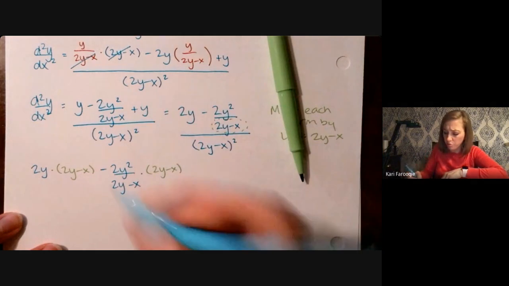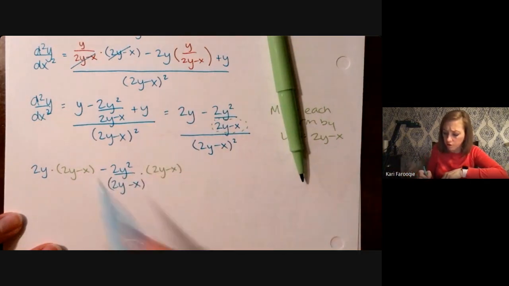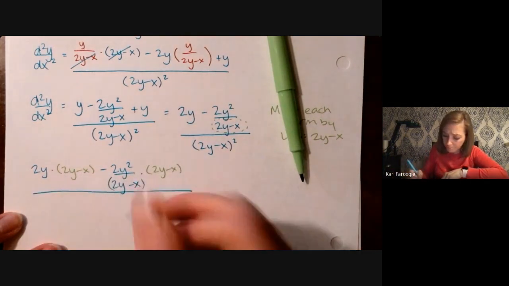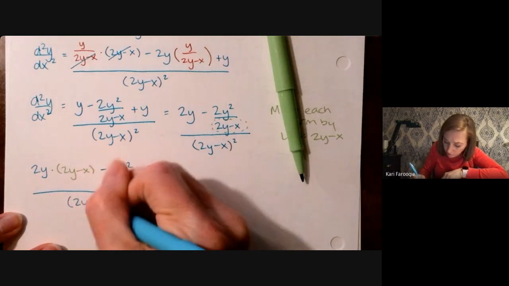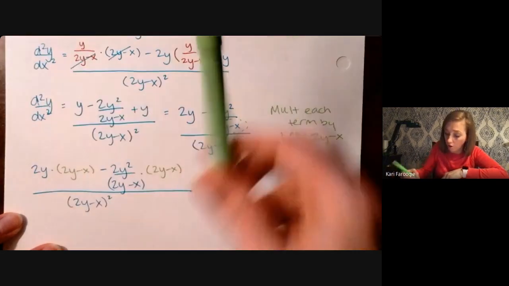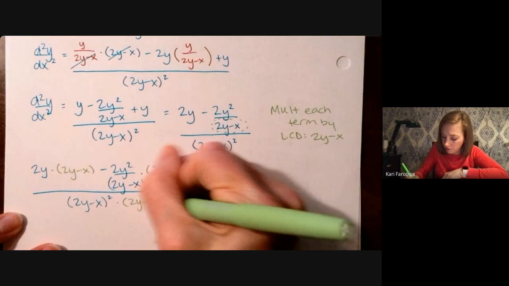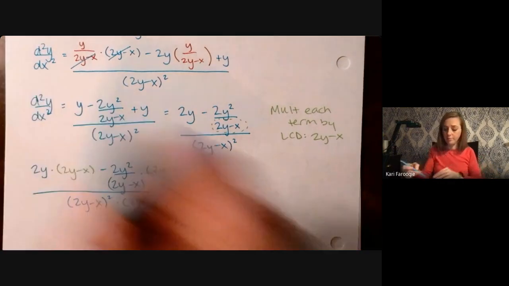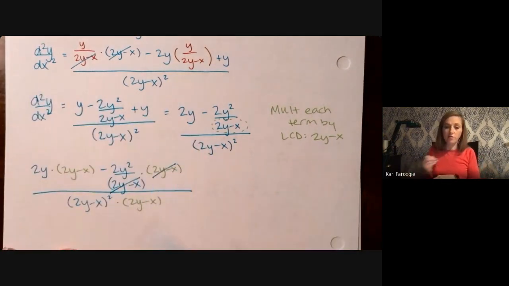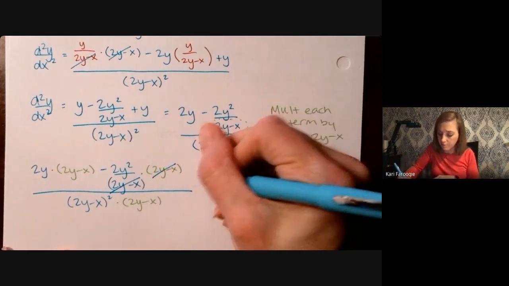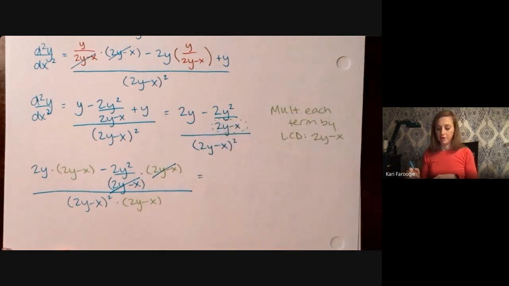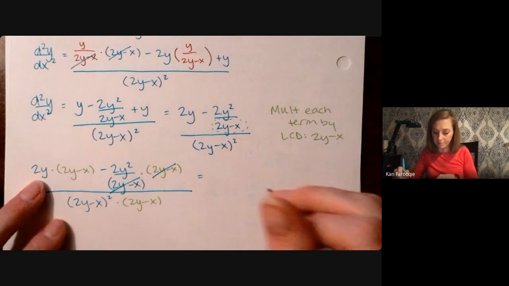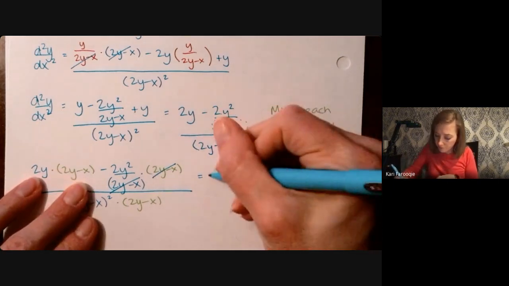If it helps you to put parentheses around this denominator, then do that. And then 2y minus x squared in the denominator also gets multiplied by a factor of 2y minus x, every single term. The whole idea here is to get rid of the complex fraction and simplify what's left. Okay, I'm going to go ahead and distribute here.